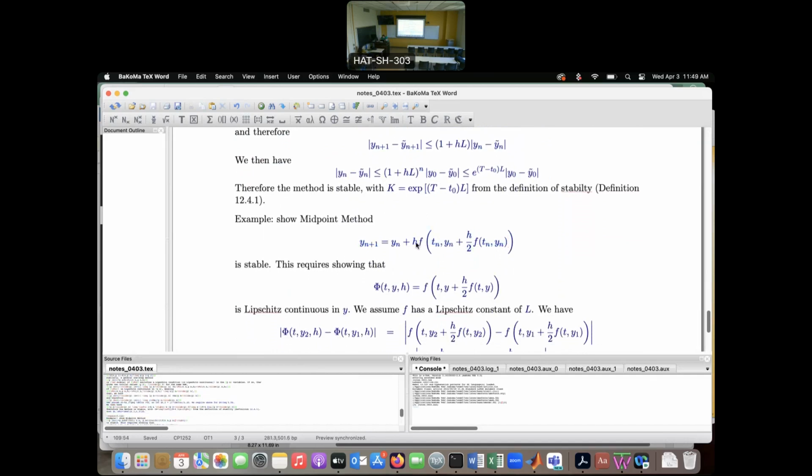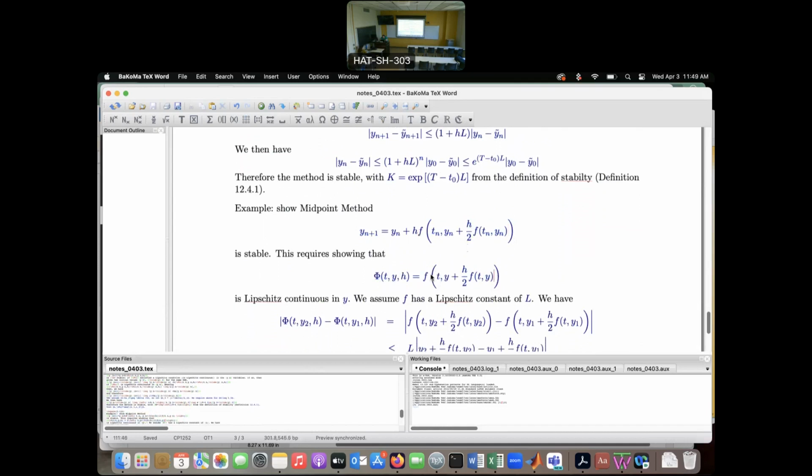If I take what's multiplying h, that's this evaluation of f here, I need to show that this function, and I've stripped out the subscripts just to reduce clutter, is Lipschitz continuous in y. Now we're going to assume that f is Lipschitz continuous. That's a reasonable assumption. We often assume that f has Lipschitz continuity in the y variable, because that's the assumption for the existence and uniqueness of the solution. So we're assuming we have a well-posed problem.